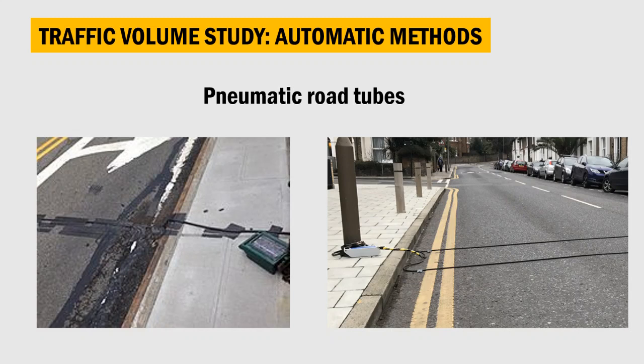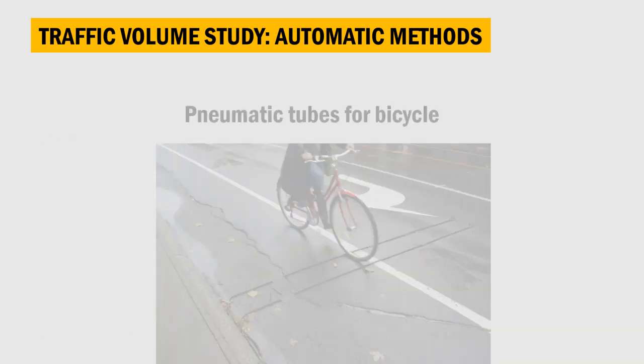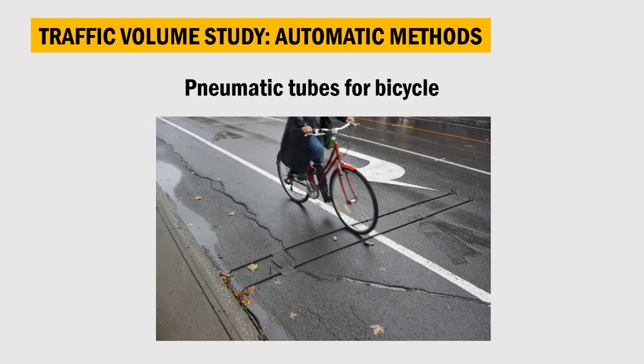These are some examples of devices used to measure traffic volume automatically. We have pneumatic road tubes, which are fitted across the roadways, and they count the vehicles every time one goes over the tubes. Here we can see an example of pneumatic tubes for bicycles, which can also be used for turning movements count.